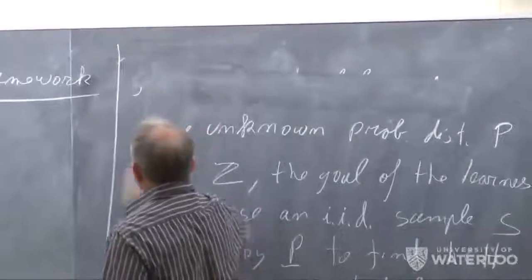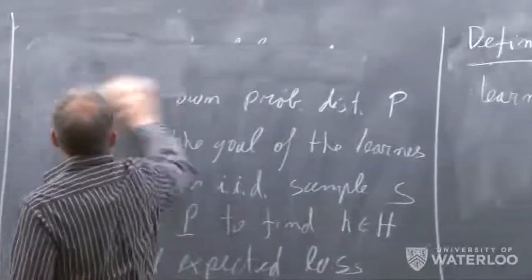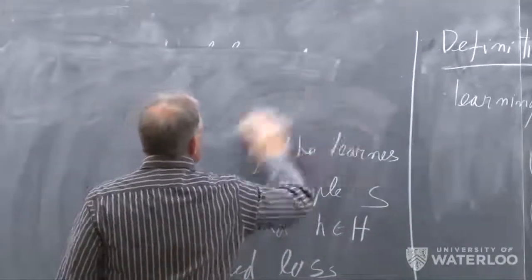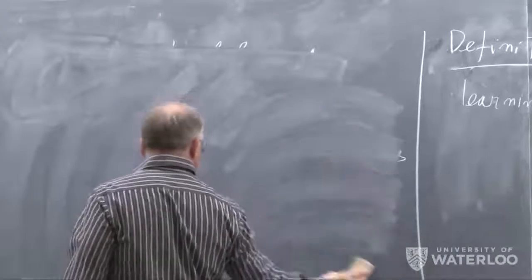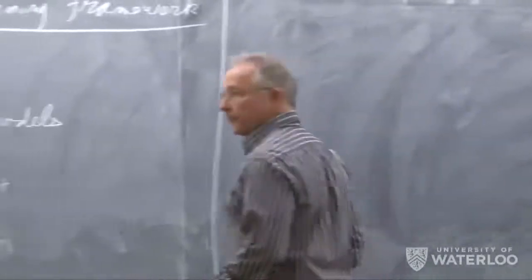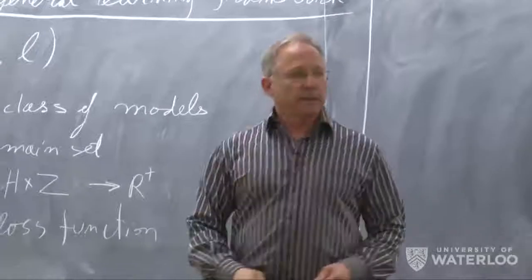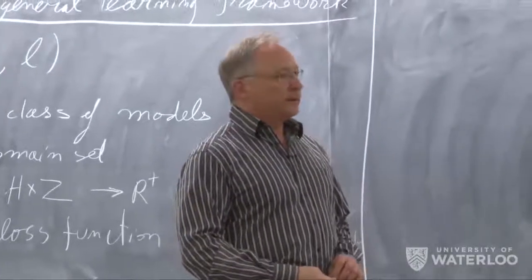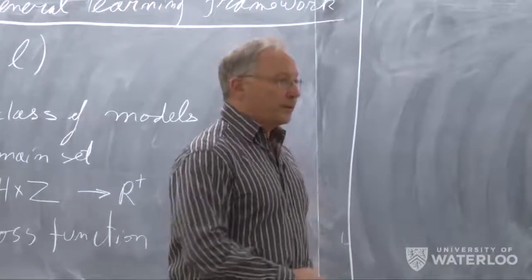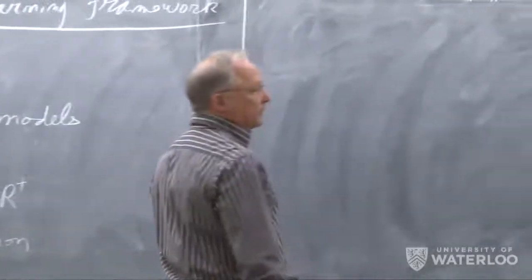Why is this a convex optimization problem? Because what is it that we want to optimize? Yes? We want to minimize the error over the sample, which is supposed to be representative of the error of the distribution. Right.